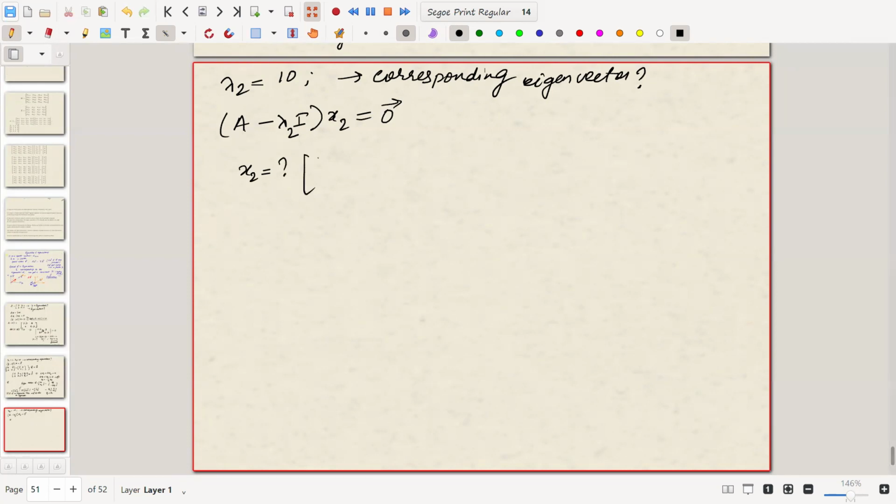Maybe I should write it in a different notation. Let me write it as v2, because we already used x2 in the previous page. So v2 equals what, corresponding to the 10 eigenvalue?